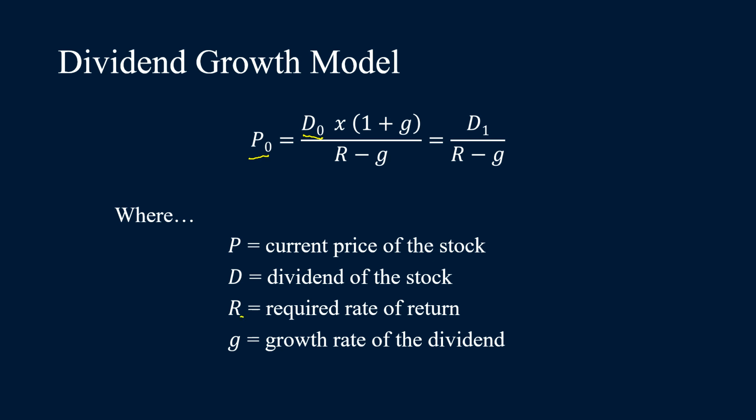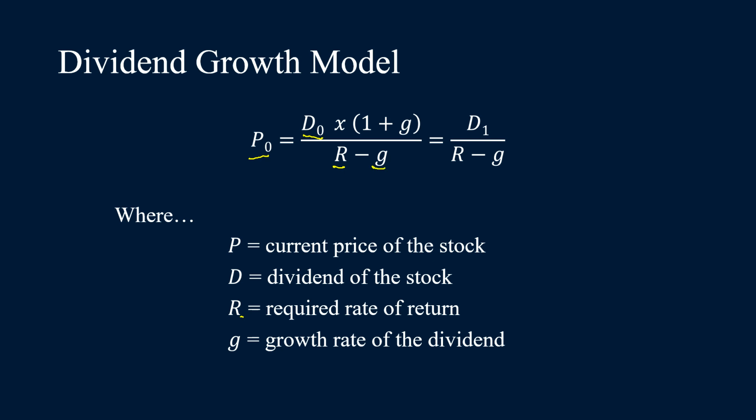We have the required rate of return, which is R, and the required rate of return is what the investor requires for his investment. And then we have G, which is the growth rate of the dividend.